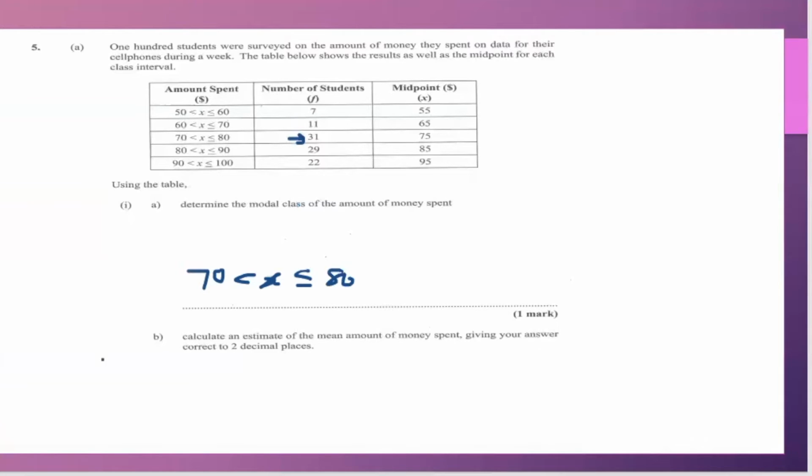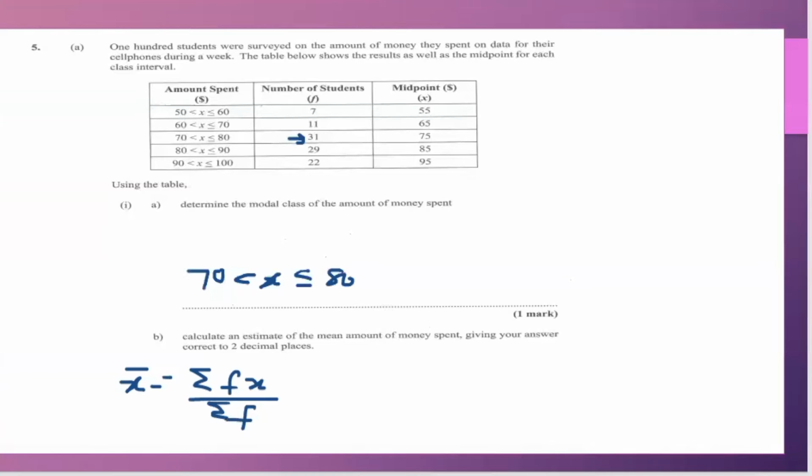And that's it. The next part says calculate an estimate of the mean amount of money spent, giving your answer correct to 2 decimal places. The mean is equal to the sum of the frequency times X over the sum of the frequency.